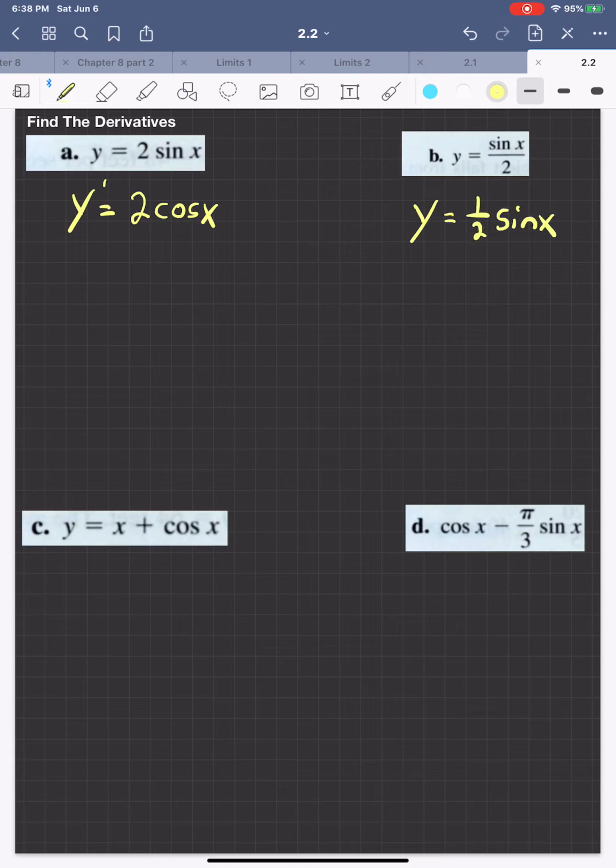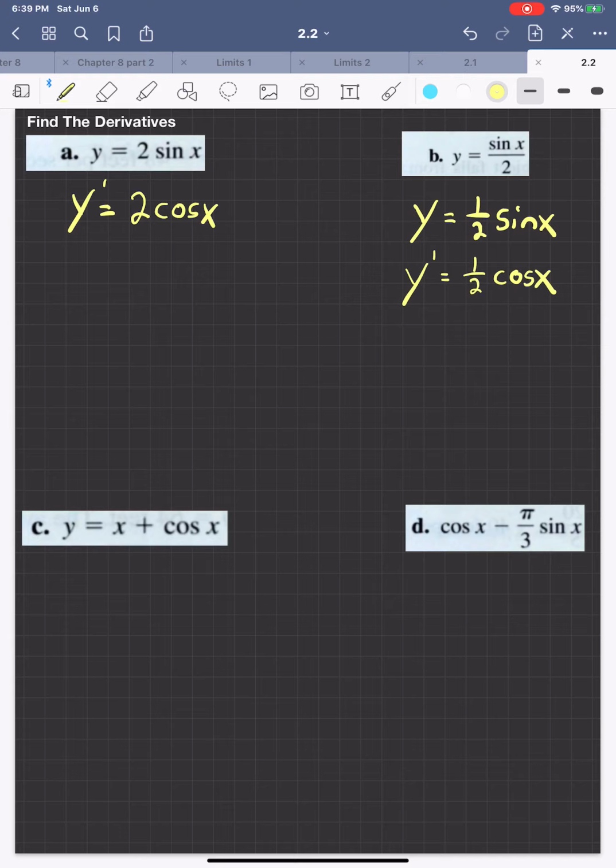Okay, so no derivatives yet. I just rewrote y. So now let's take our derivative. So y prime, well, the derivative of sine is cosine, so we just end up with 1/2 cosine of x. All done.